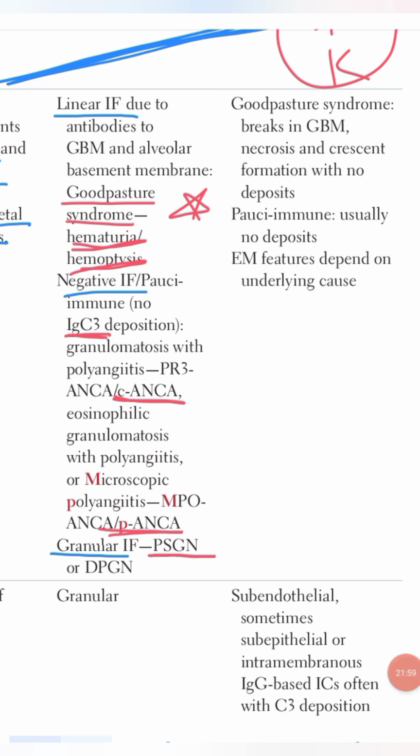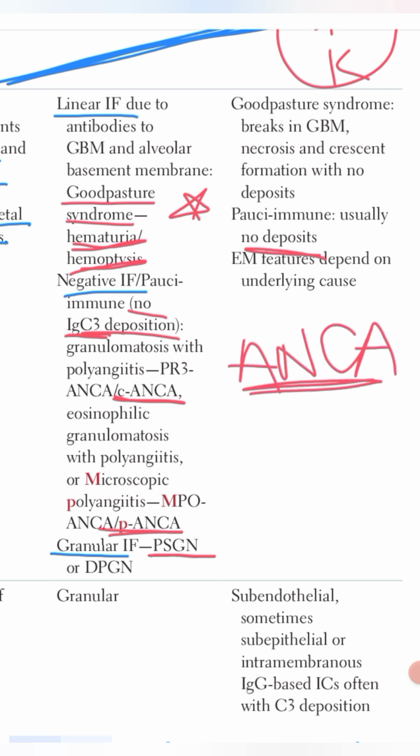In pauci-immune crescentic glomerulonephritis, there is lack of detectable anti-GBM antibodies or any immune complexes by immunofluorescence and electron microscopy. Most patients with this type have circulating anti-neutrophilic cytoplasmic antibodies that produce a cytoplasmic or a perinuclear pattern.